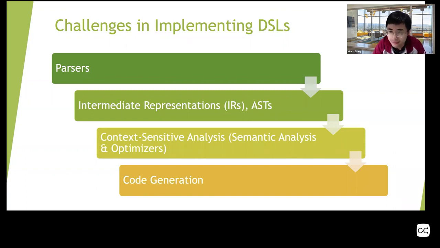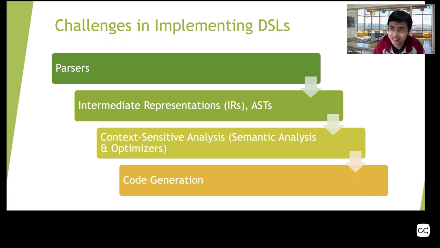Okay, and the third one is more interesting. It's a context-sensitive analysis. Usually people call this semantic analysis, and some optimizers also do things like this.